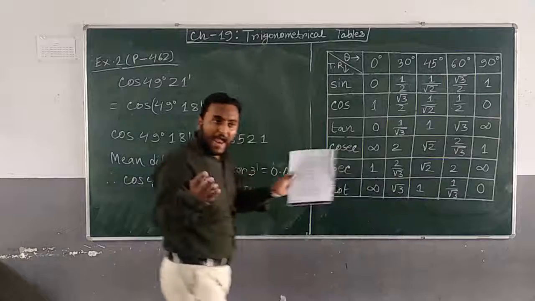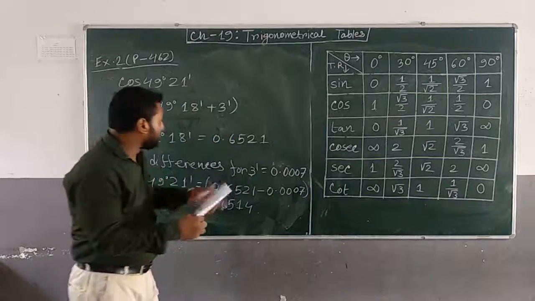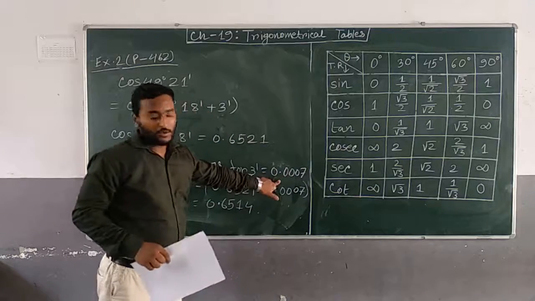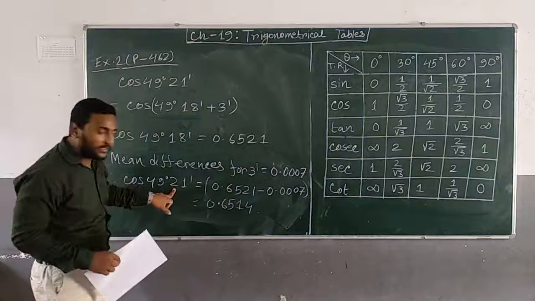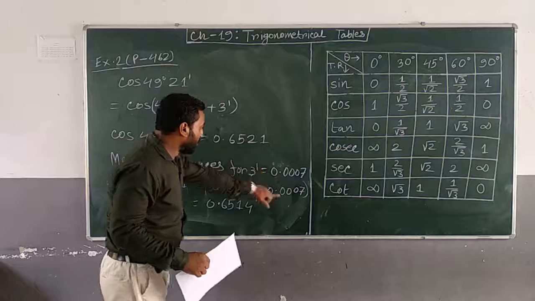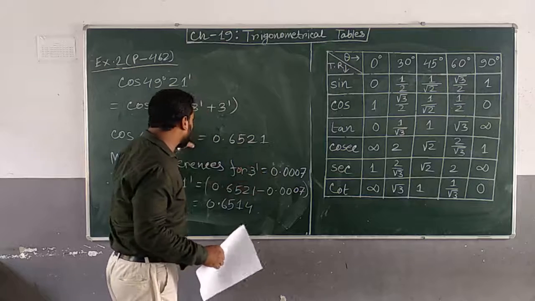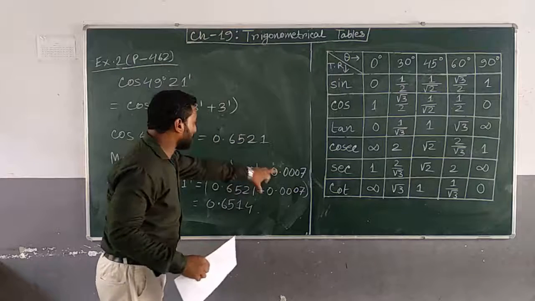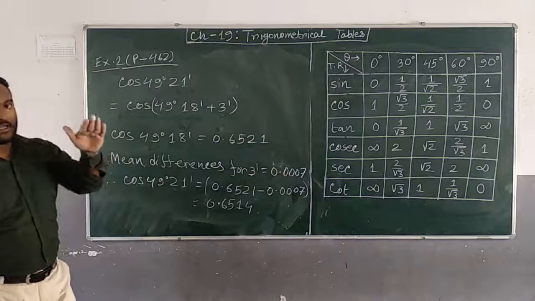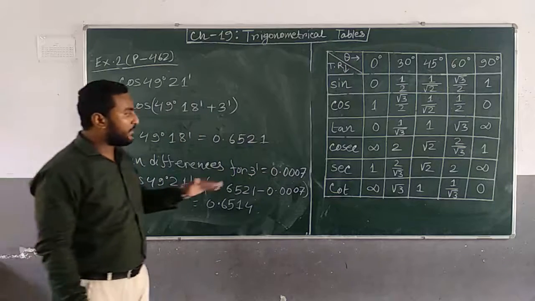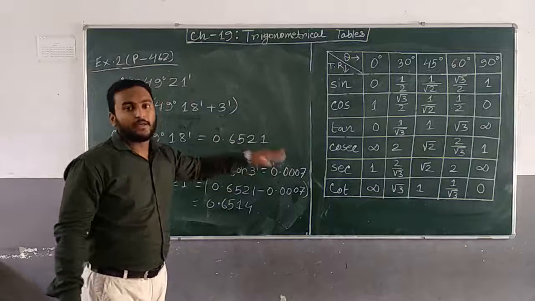So if you add the angles, you have to subtract the value of the ratio. These angles are added, then it will become 21 minutes. So that's why from this value we have subtracted this one. Angle is added here, so the value of the ratio will be subtracted, because in case of cos theta, when angle will increase, the value will be decreased.